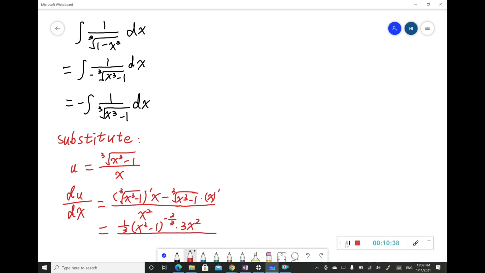This is the chain rule, and times x, minus the first item, we need to keep it there, so it will be the radix of x cubic minus 1 times 1, and the denominator is still x squared.